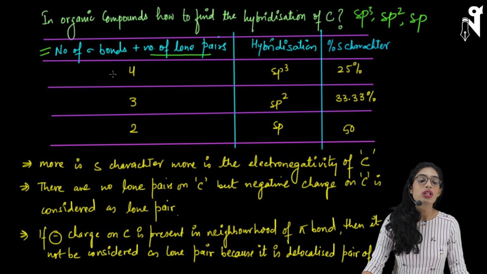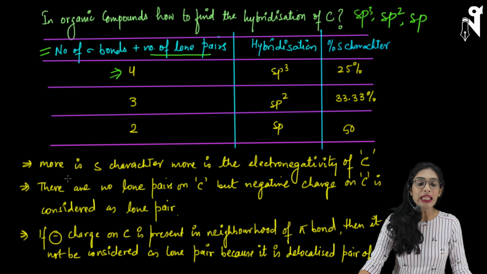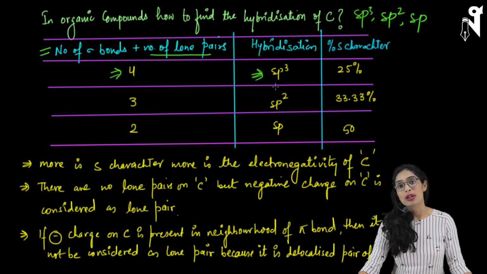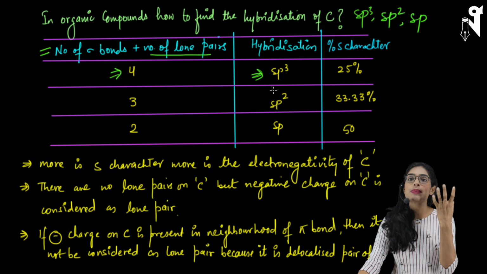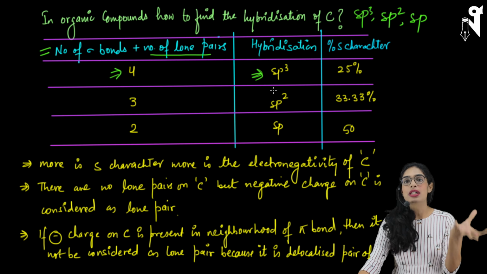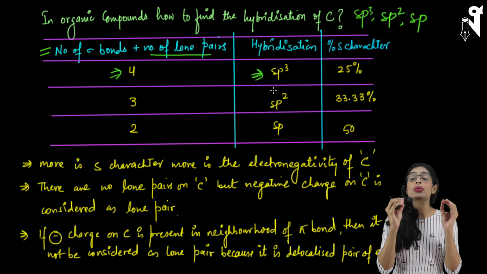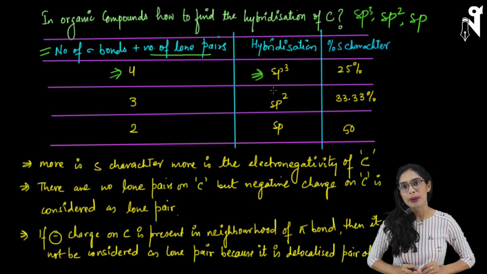If the number of sigma bonds plus lone pairs comes equal to 4, then the hybridization will be sp3. How much s orbital percentage there is, is called the percentage s character. Why is it important? It is important to understand the electronegativity of the carbon.